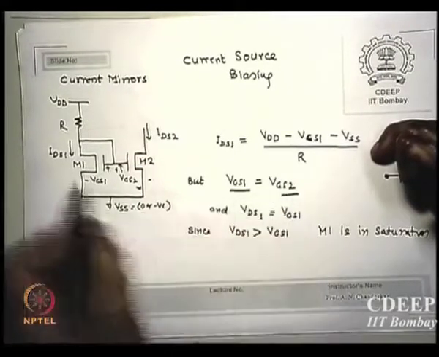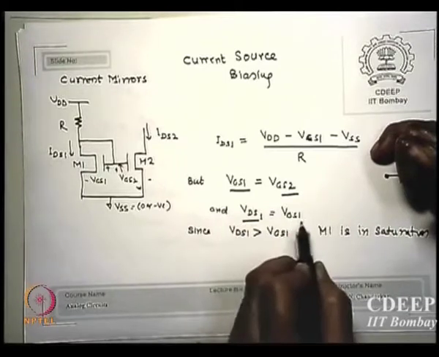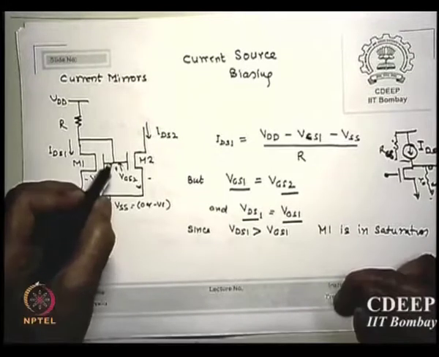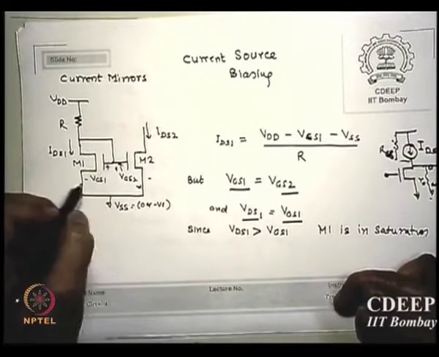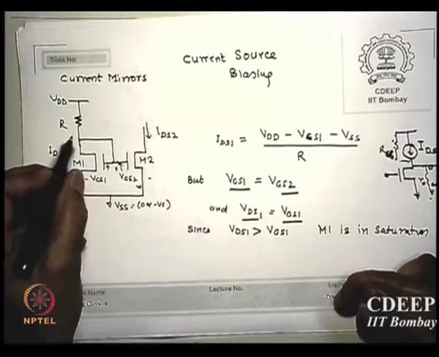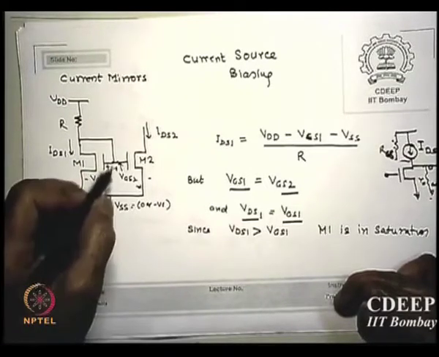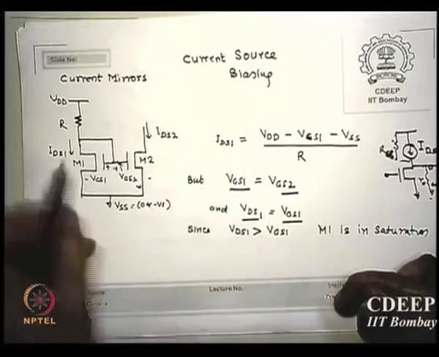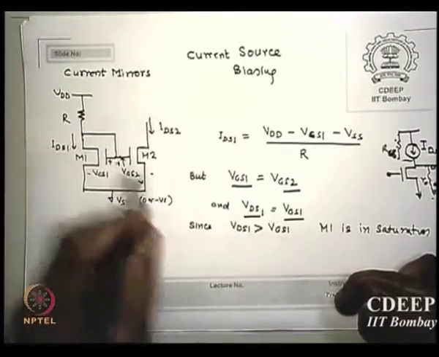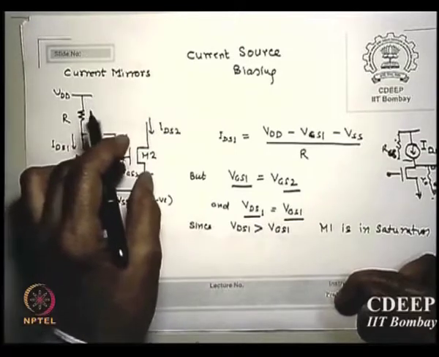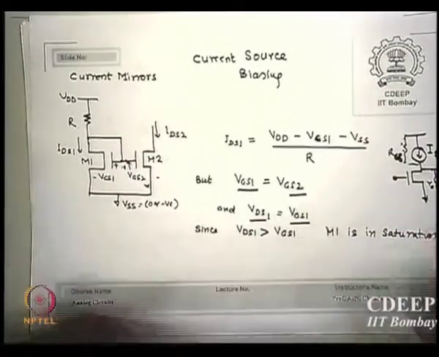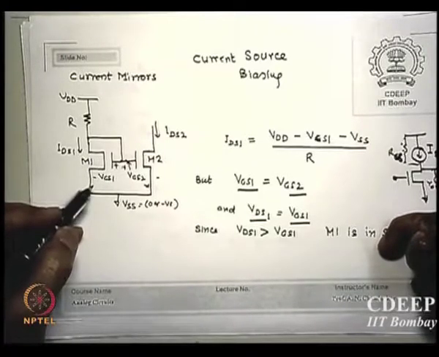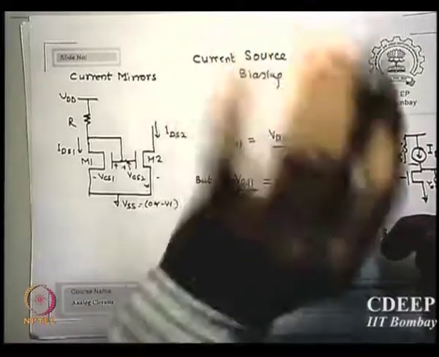VGS1 is also VGS2 and VDS1 is equal to VGS1, the way I have connected, is that clear? Please remember this point is VGS1, but this point and this point are the same, so VDS1 is the same as VGS1, I am shorting on this side, is that correct? So VDS1 is equal to VGS1, but VGS1 is also equal to VGS2 because we are also connecting the gates. But I do not know VDS2 right now.